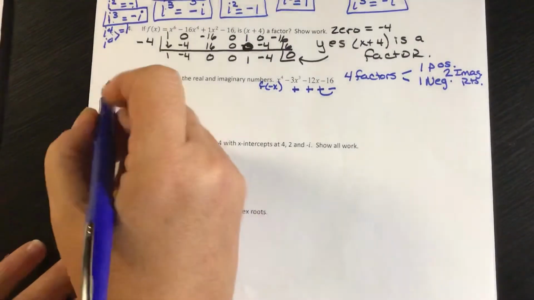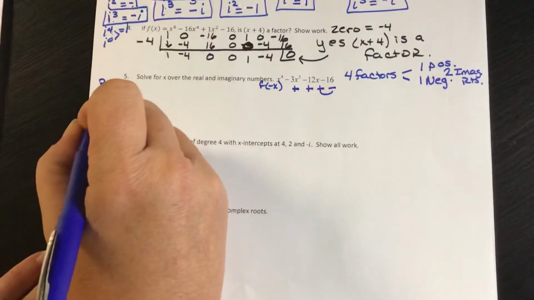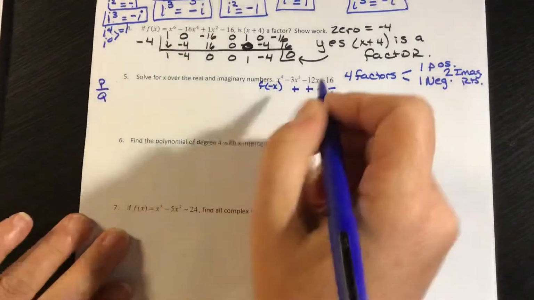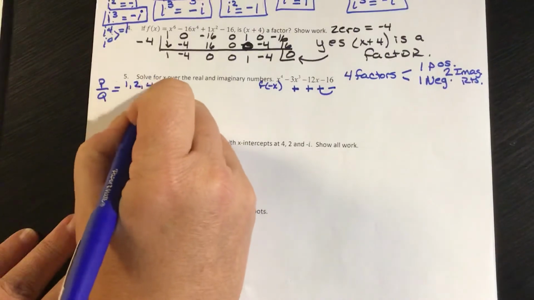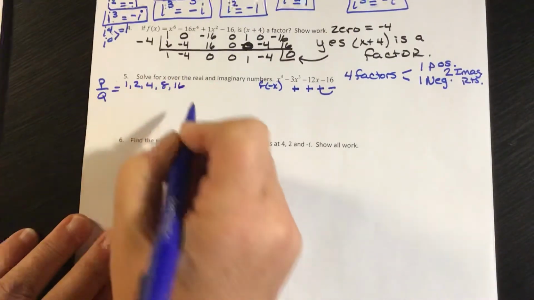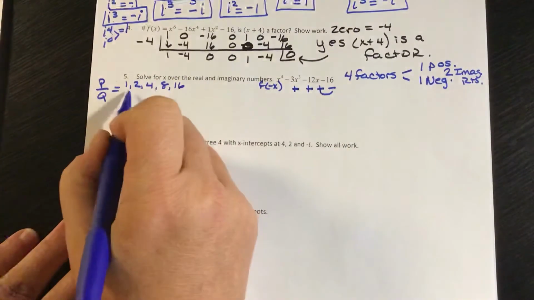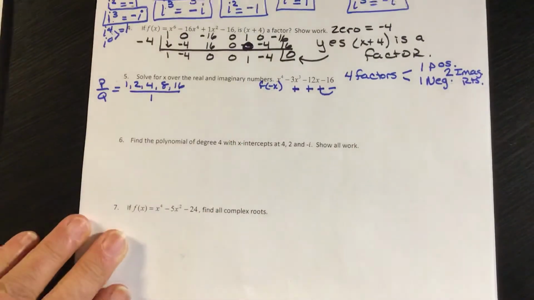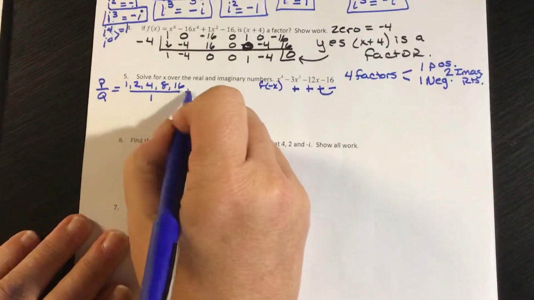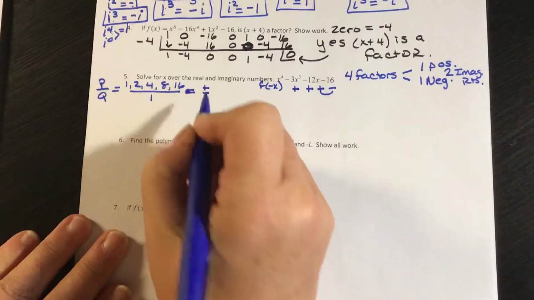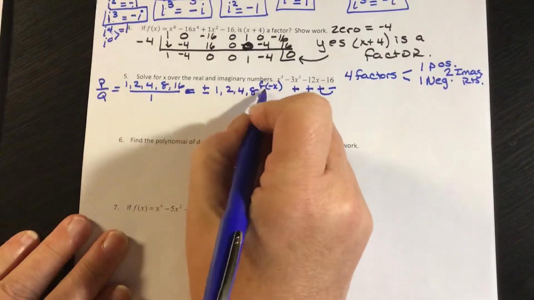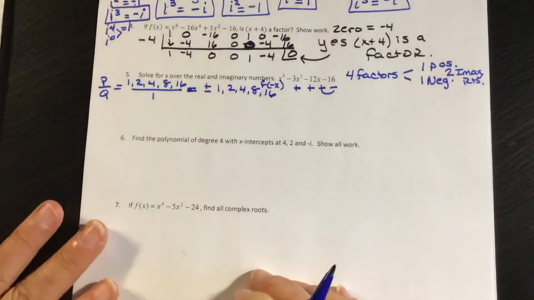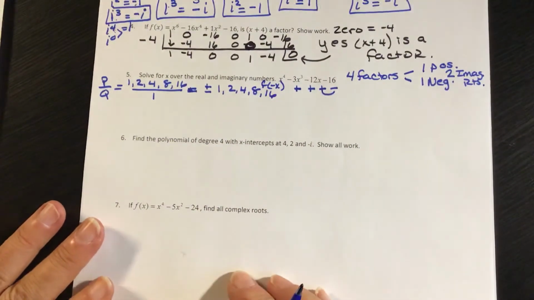So now if I look at all the possible p's and q's, 16 has factors of 1, 2, 4, 8, and 16. And q is just a 1. So I can have positive and negative 1, 2, 4, 8, or 16 be my possible rational roots.